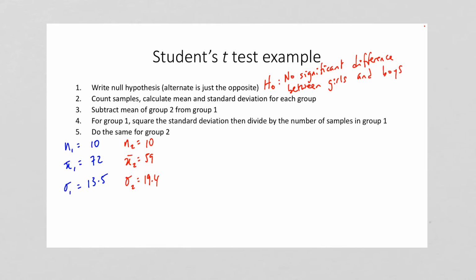Our alternate hypothesis would be there is a significant difference between the results of the girls and boys. Second one, count samples, calculate mean, standard deviation for each group. We've already done that. A lot of the time, if they give you a question like this, they will give you that data to begin with.